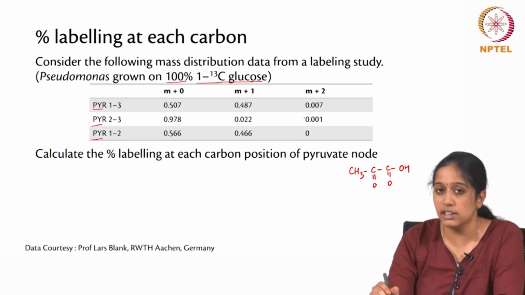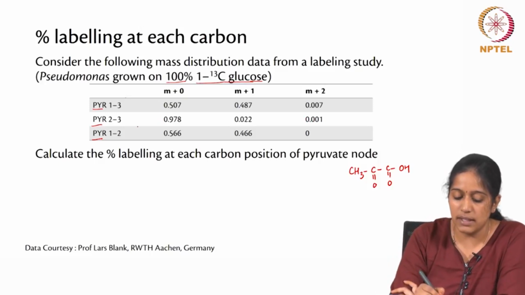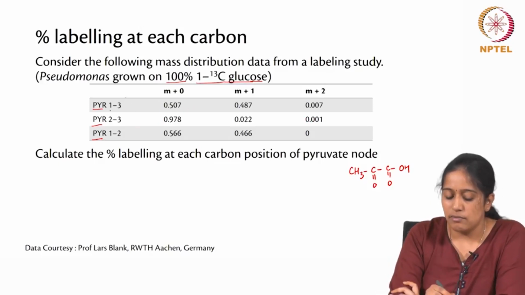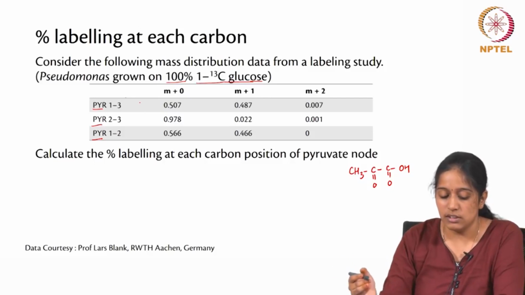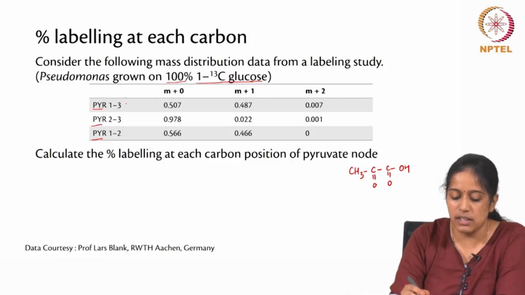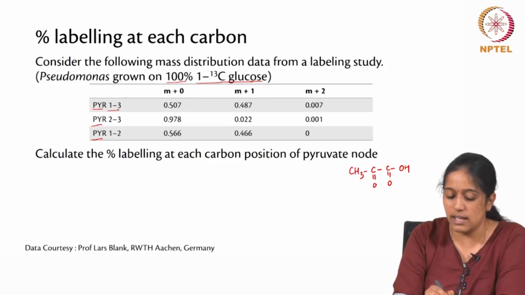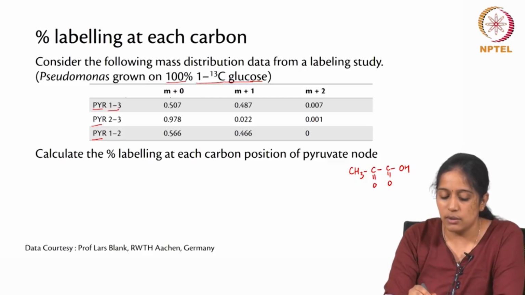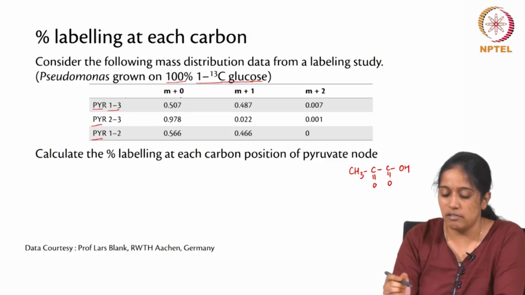This again is the mass distribution vector of pyruvate with respect to different positions labeled. For instance, if you look at pyruvate 1 to 3, you have the information about all the 3 carbon atoms in pyruvate, and here you have m plus 0, which means this mass talks about all the unlabeled positions in pyruvate.